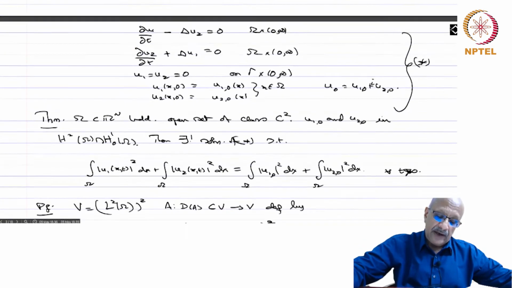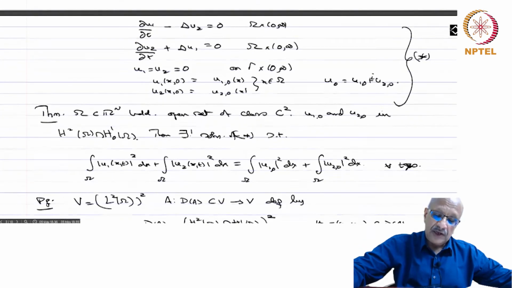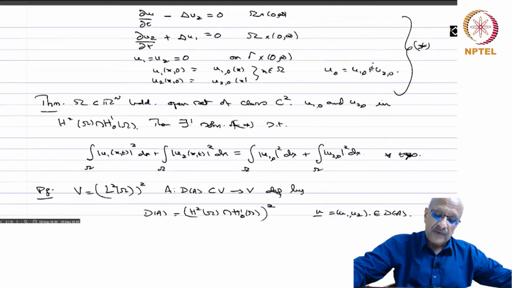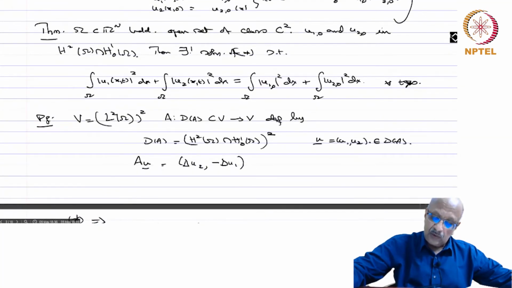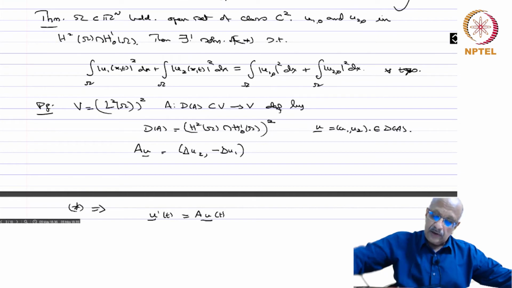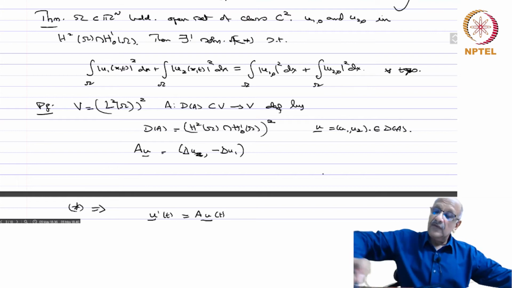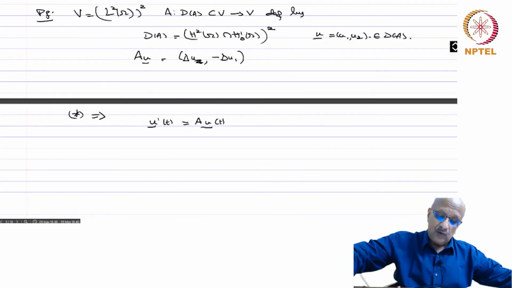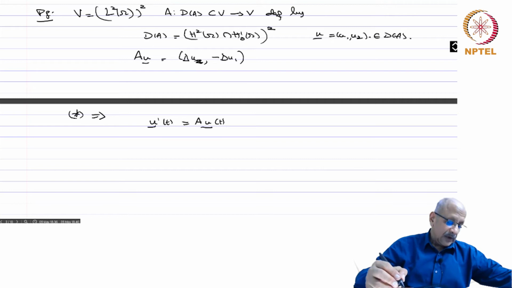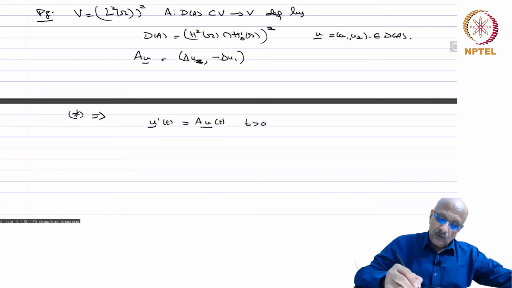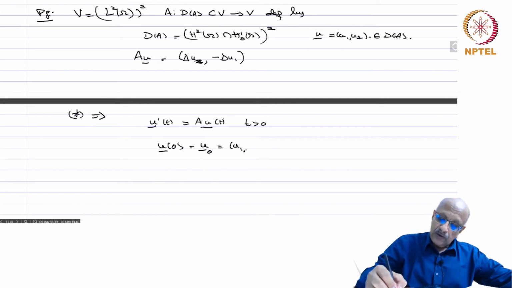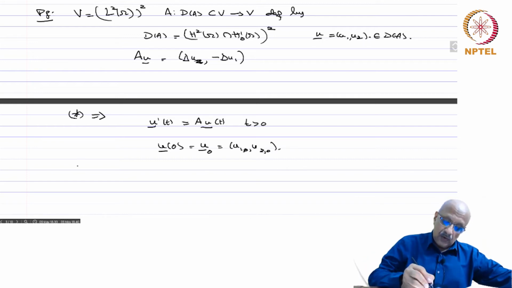So du1/dt, du2/dt, that is U', equals (Δu2, −Δu1) when you take it to the other side, and therefore that gives you precisely this, for t greater than 0 and U(0) equals U0 equals (u10, u20).